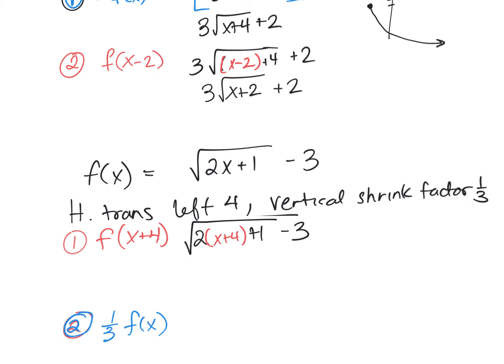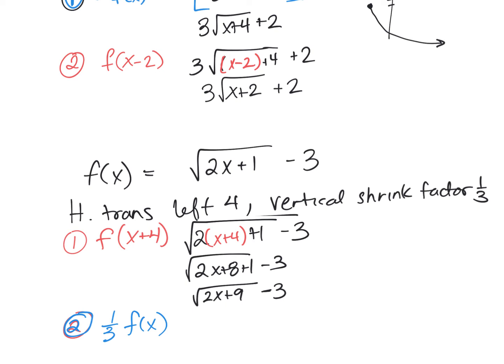2 times x plus 4 plus 1 minus 3. Then I distribute. So I get the square root of 2x plus 8 plus 1, which is the square root of 2x plus 9 minus 3. I want you to pay attention to the fact that I didn't just add 4 to the 1. Because there is a horizontal shrink factor, I have to multiply that translation by the 2.